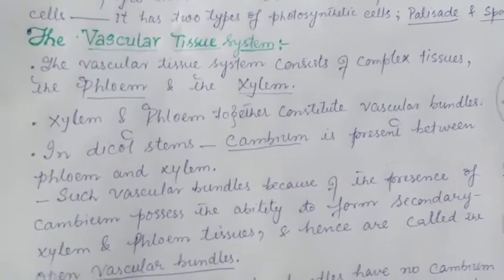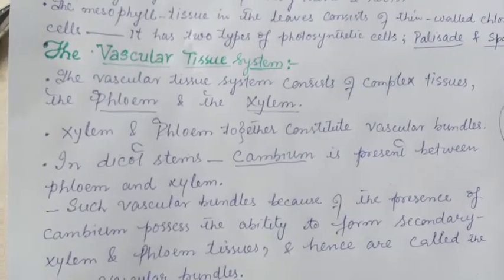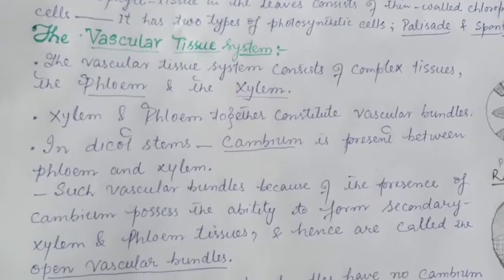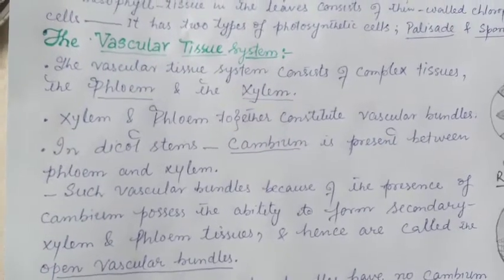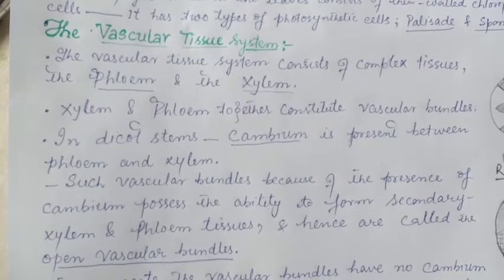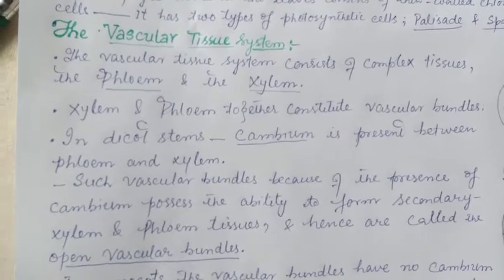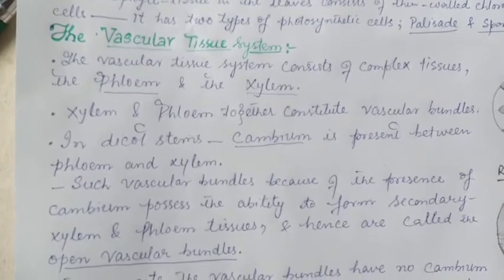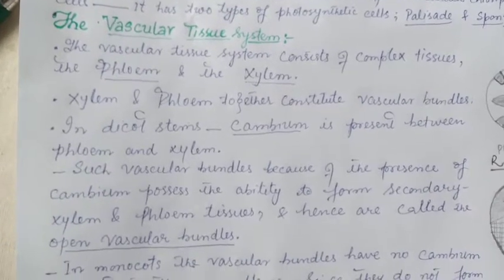In dicotyledon stems, cambium is present between phloem and xylem. Such vascular bundles, because of the presence of the cambium, possess the ability to form secondary xylem and phloem tissues, and hence are called open vascular bundles.